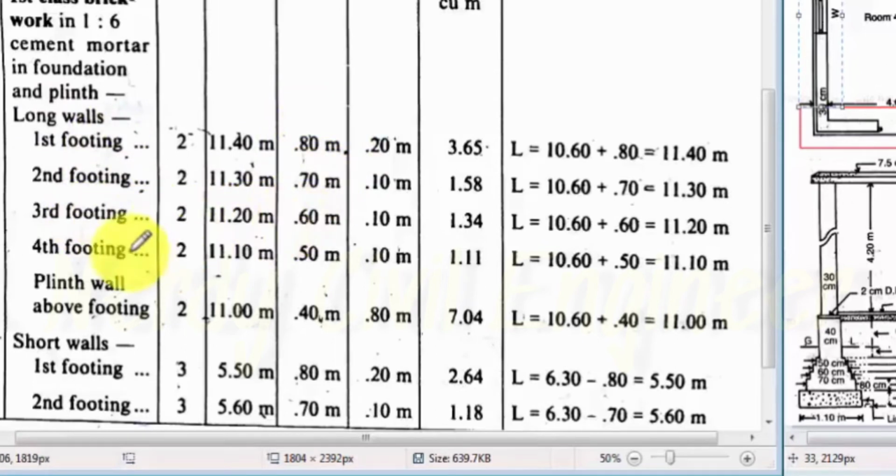The breadths are already given in the cross section, the heights are already given in the cross section as well. So as you already know, in the long wall and short wall method, every time we will consider the particulars, we will calculate the particulars once for long wall and once for short wall.